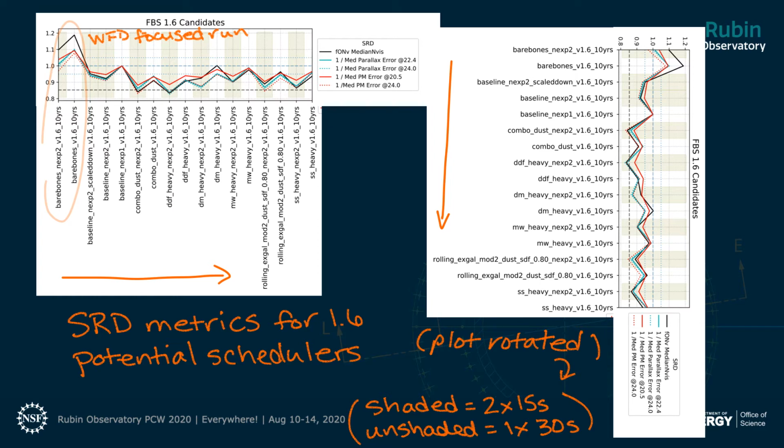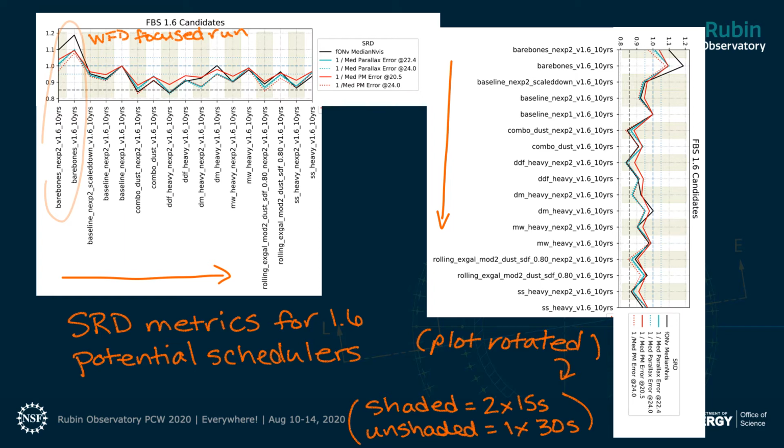And you see also that these SRD metrics are fairly high. Bigger is better. In the wide fast deep focused run, the bare bones simulation. This makes sense. We were trying to do very well on the wide fast deep.